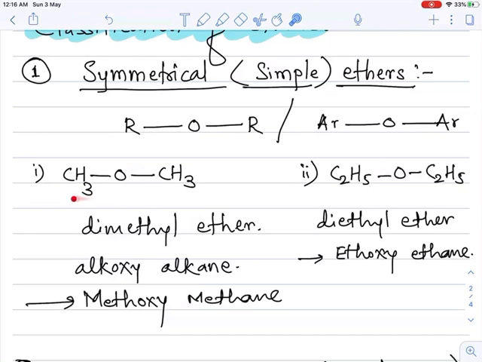So its IUPAC name is methoxymethane. Now what about diethyl ether? One ethyl group with oxygen is ethoxy, and the other ethyl group is considered its alkane derivative, that is ethane. Ethoxyethane is its IUPAC name.